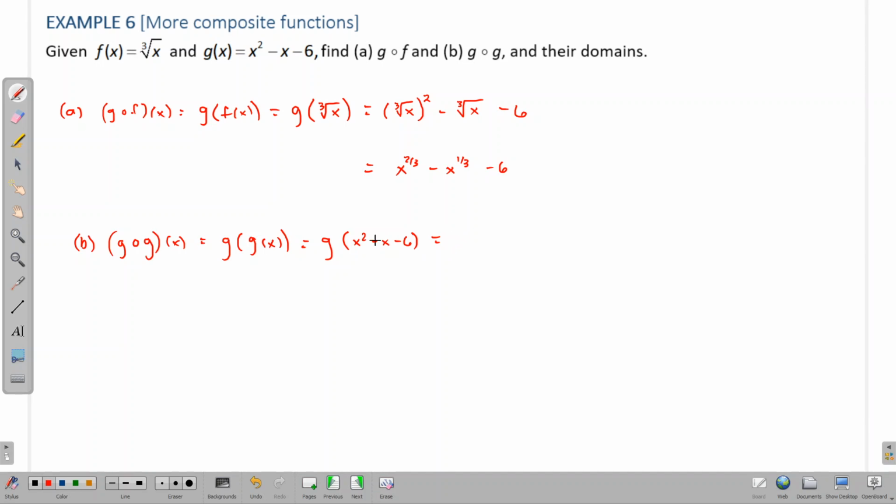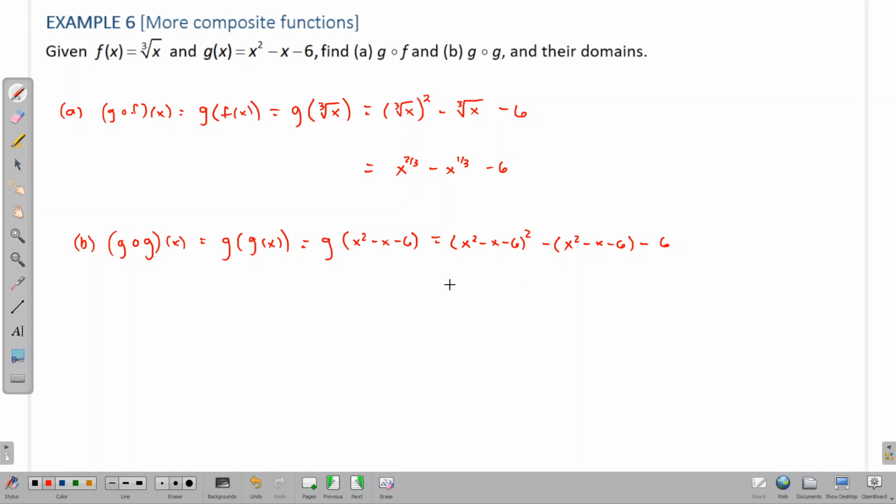So we have to plug this into the square part. So x squared minus x minus 6 all squared, that's just putting it in here, minus the function itself, x squared minus x minus 6, that's putting it in there, and then we have the minus 6 at the end. It's x squared minus x minus 6, where we've replaced x by the function itself.